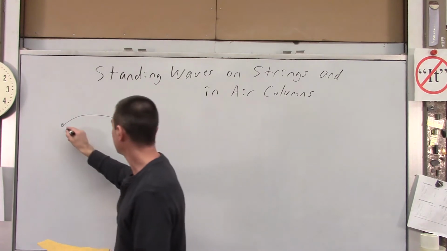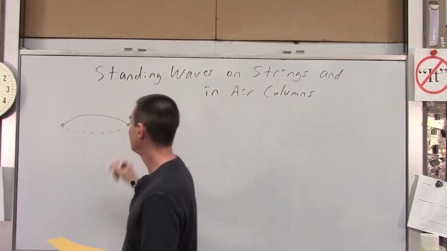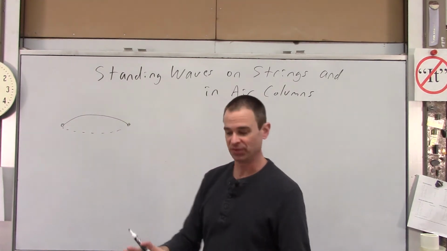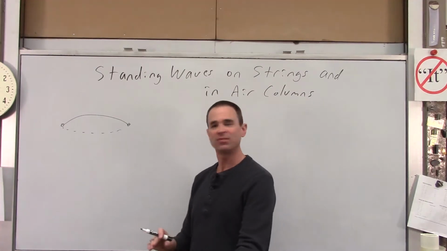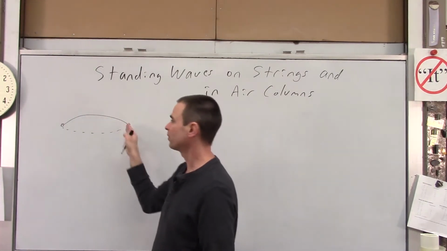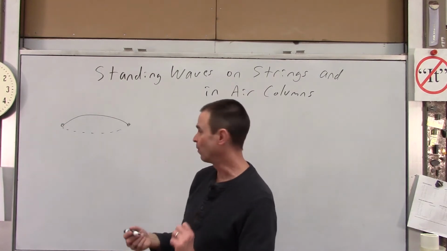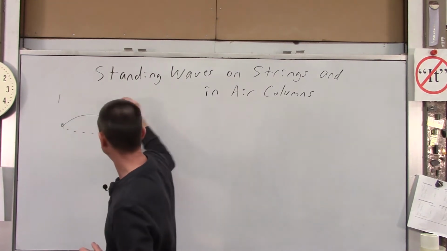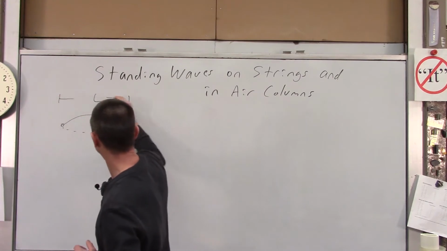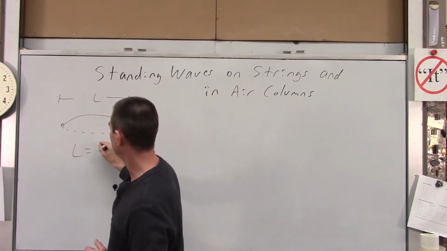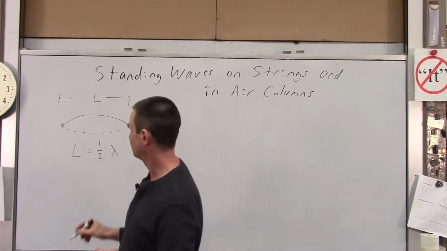Half a cycle later, your string will be here. So at any one moment of time, how much of a wave is that? Well, it's either a crest or a trough. So at any time, it's half of a wave. So the length of this thing, L, is 1/2 of a wave.